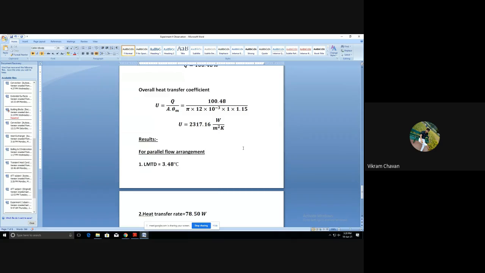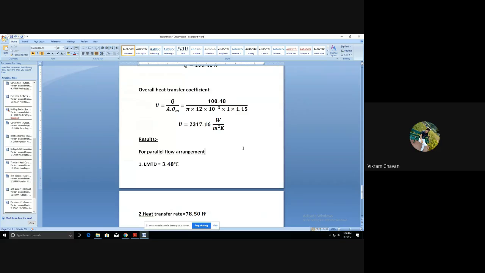So I hope that in this experimentation, I have cleared your doubts about the LMTD, logarithmic mean temperature difference method, and its application for the calculation of the overall heat transfer coefficient, logarithmic mean temperature difference, and heat transfer rate.